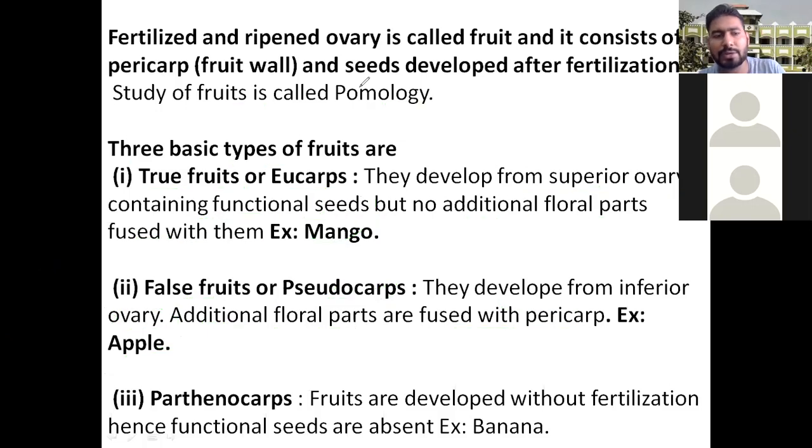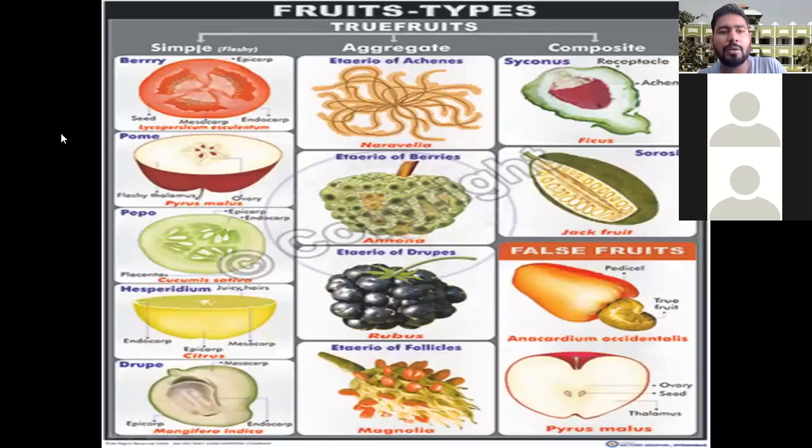Now I'm going to talk again about the same classification they have given. You can see simple fleshy fruits; they are not talking about the dry ones. Pyrus malus, that is apple, is a pome. Cucurbita is a pepo. Citrus is a hesperidium, orange also, and then drupe, mango, which we have seen.